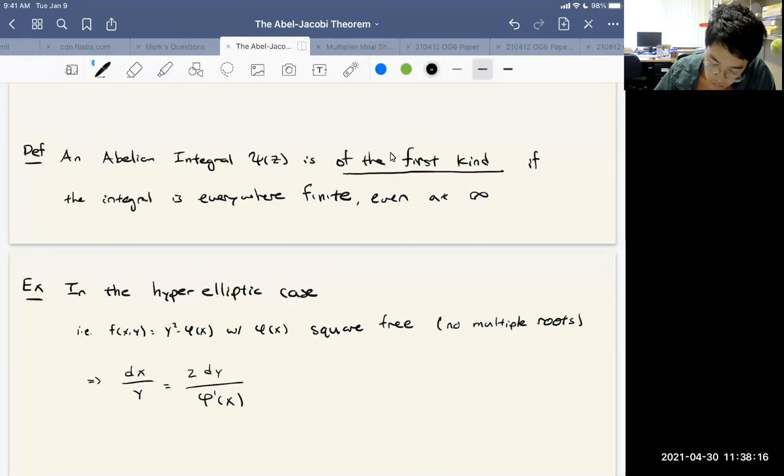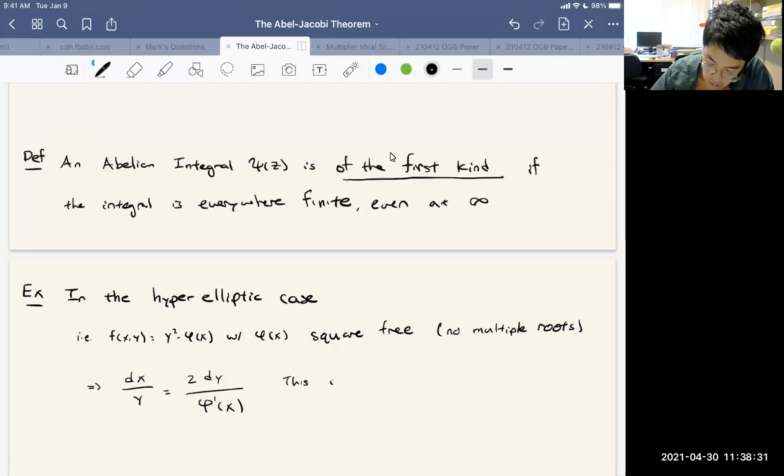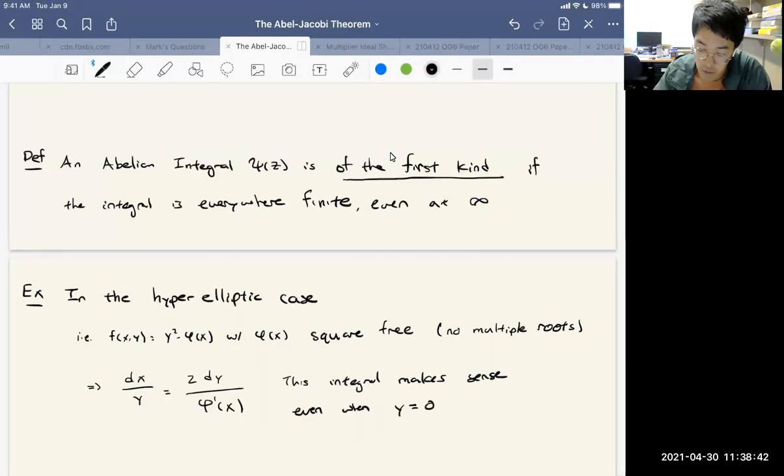So when I have some point on the curve, the important thing here is that this integral makes sense even when y is equal to 0.